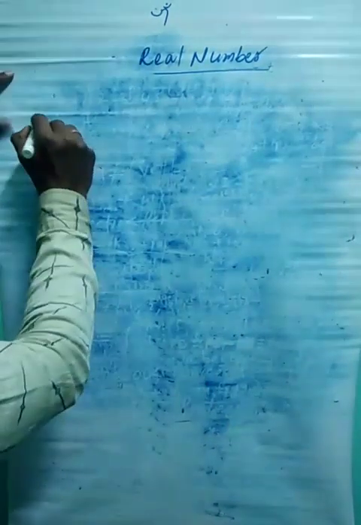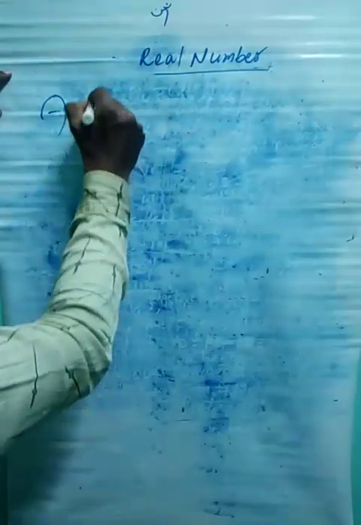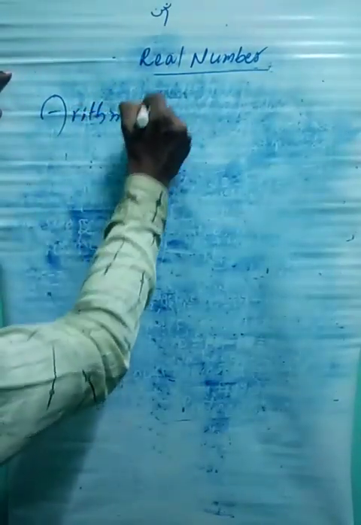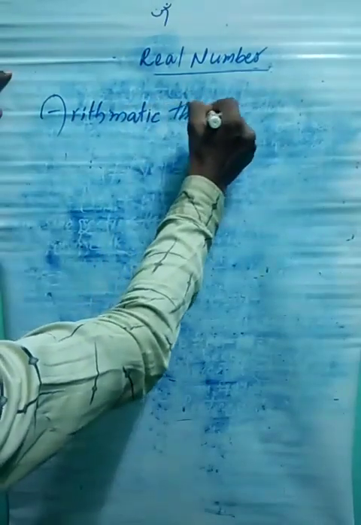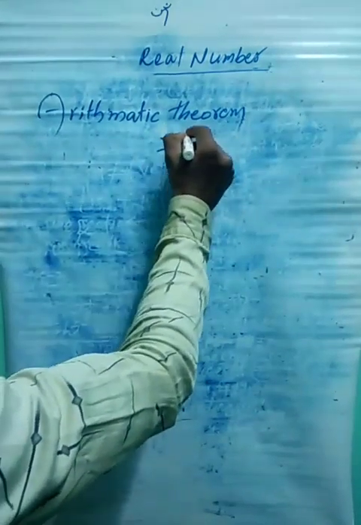What is the arithmetic theorem? Before we go inside the chapter, the arithmetic theorem is very important. It states that every positive integer greater than 1 can be factorized by prime factorization.